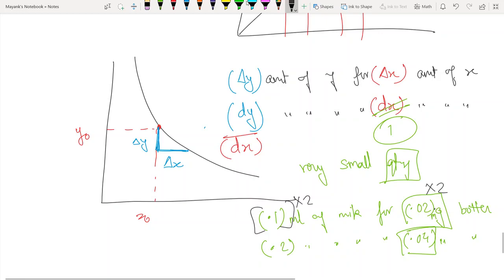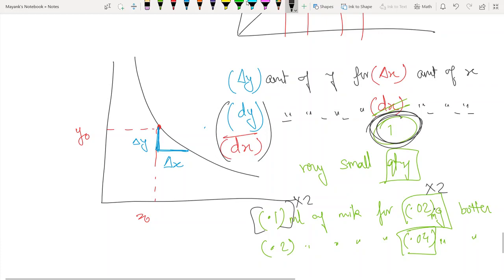But just because you plan a trip to Paris does not mean the euro is going to get very costly because of it. Because you are a very small person, unless you have a very, very lavish trip. Otherwise, if quantities are small, we assume that the unitary method holds, and you can simply use this 1 as a multiplicative factor. So dy by dx is the amount of y for 1 unit of good x.